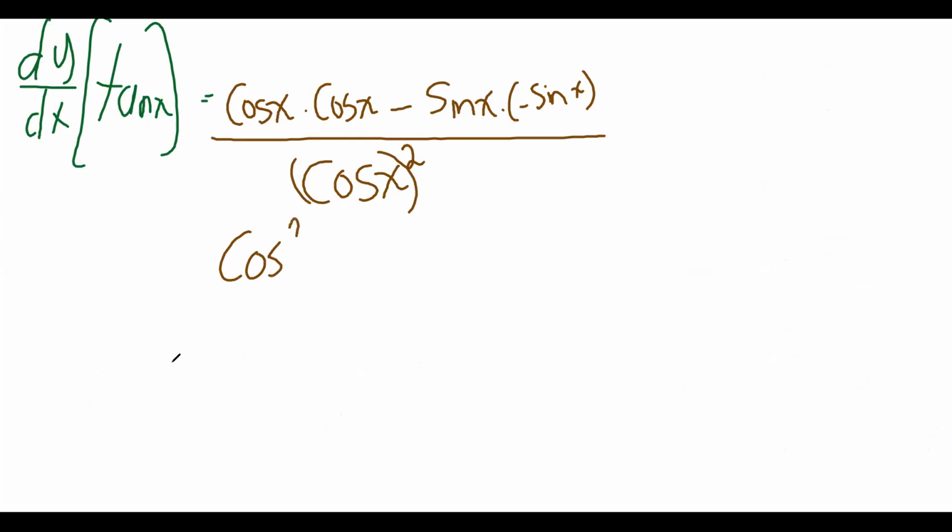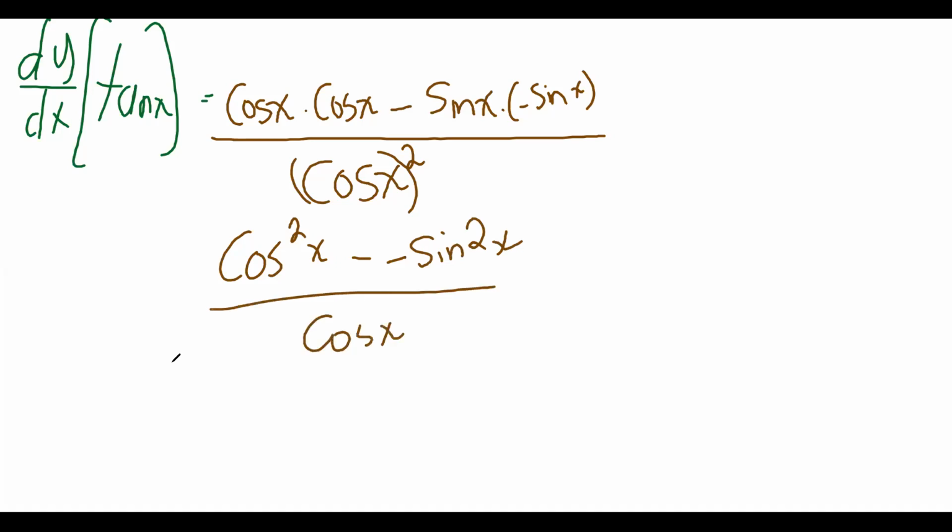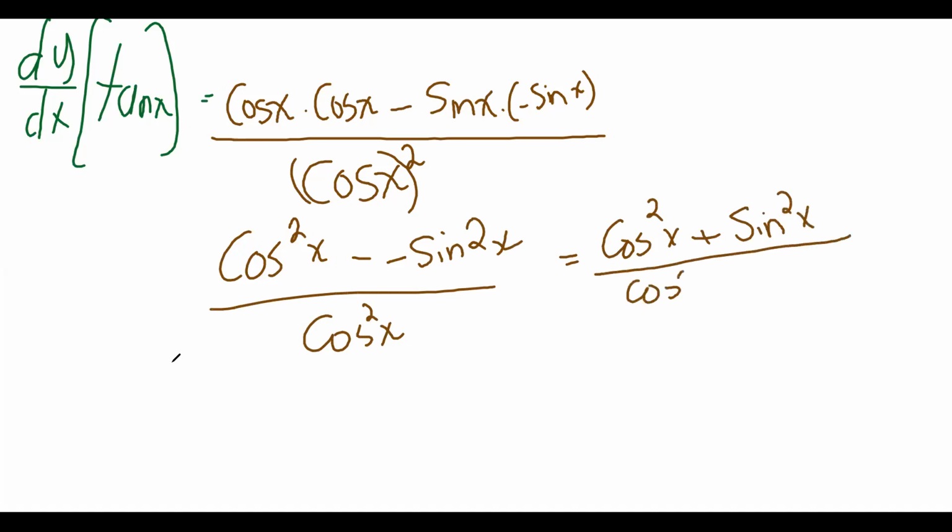Cosine squared minus sine multiplied by negative sine, which is plus sine squared, over cosine squared of x. Then here it will be cosine squared x plus sine squared x over cosine squared of x.